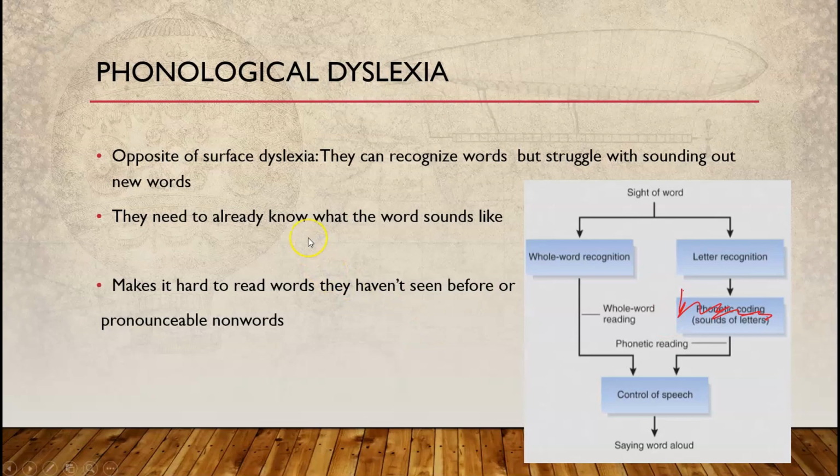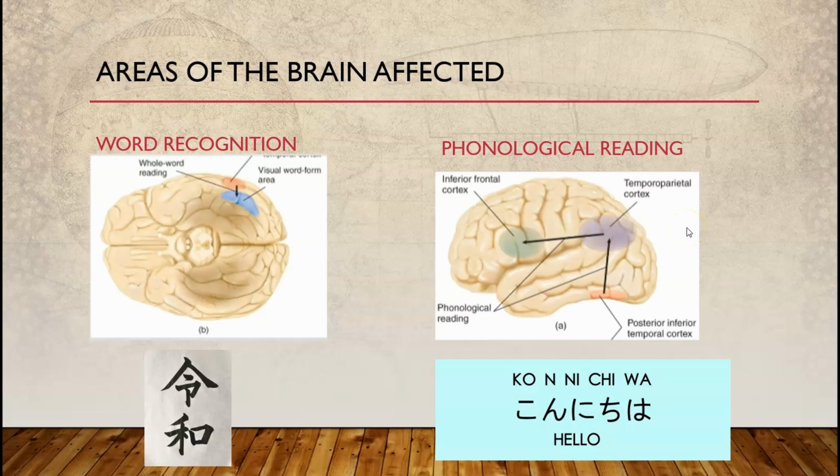So they need to already know what the word sounds like, and this makes it very hard to read words that they haven't seen before or pronounceable non-words. Alright, and as I said before, the brain has been affected, and that is why they're struggling to read the words properly.